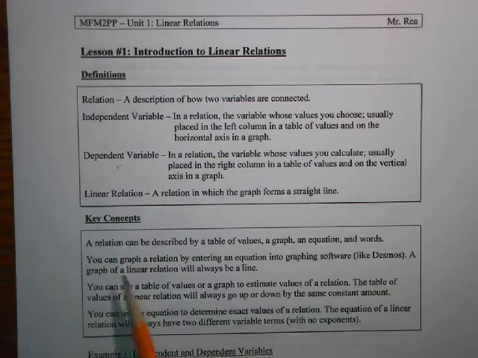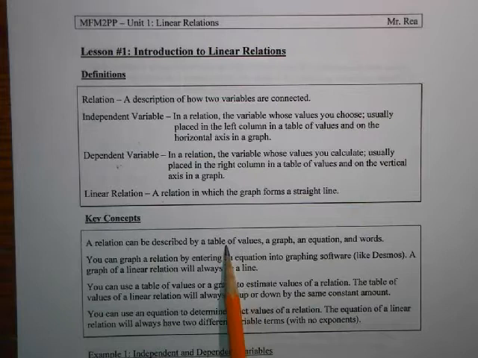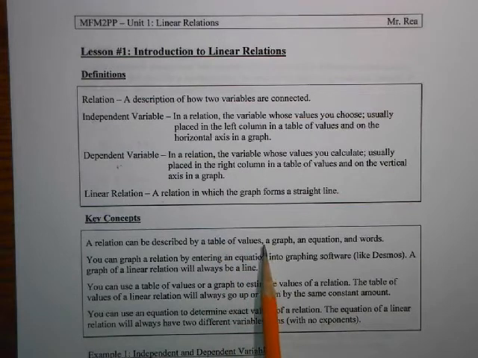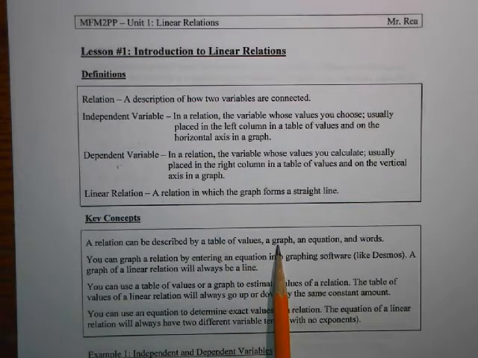Now, the key concepts. Now that we've got the terminology done, you can describe the relation in four different ways. You could have a table of values, and we're going to look at all of these, so don't worry too much if you've forgotten. Normally it's the x values and the y values of all the points that you've discovered for this relation. We've already mentioned you can graph them.